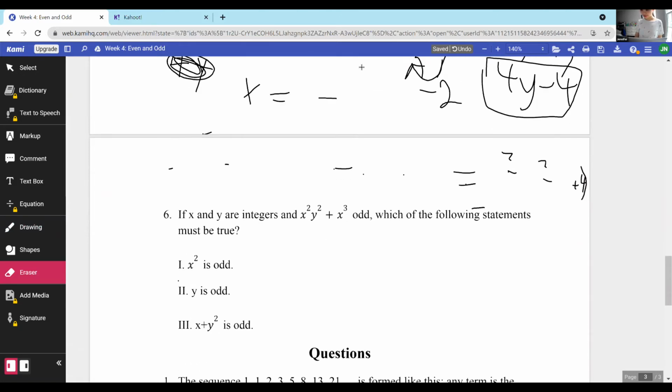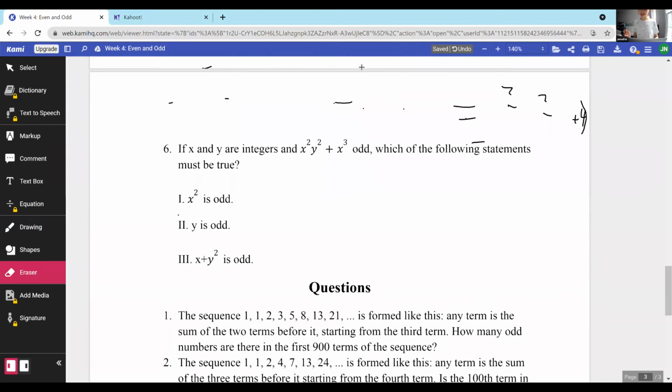Now, take a look at the last problem we'll review today, and tell me if any of you have any solutions.